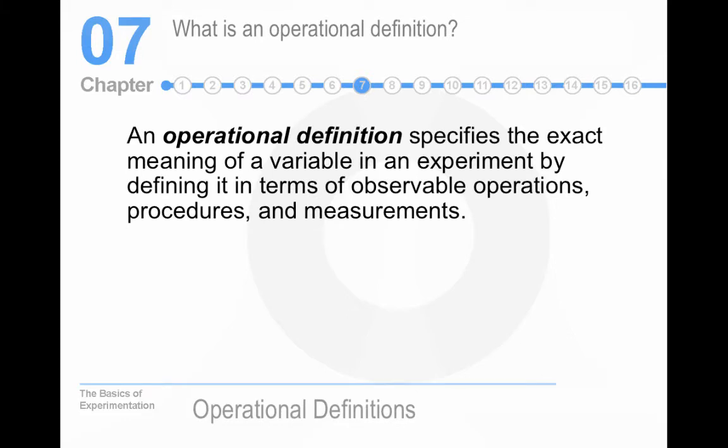Operational definitions are very important. This is the meaning of a variable within an experiment. Operational definitions are necessary, but they're always inadequate. And a simple example would show this. So you could say that you're measuring someone's health, and I could give them almost an exhaustive number of tests, but I could still miss something.